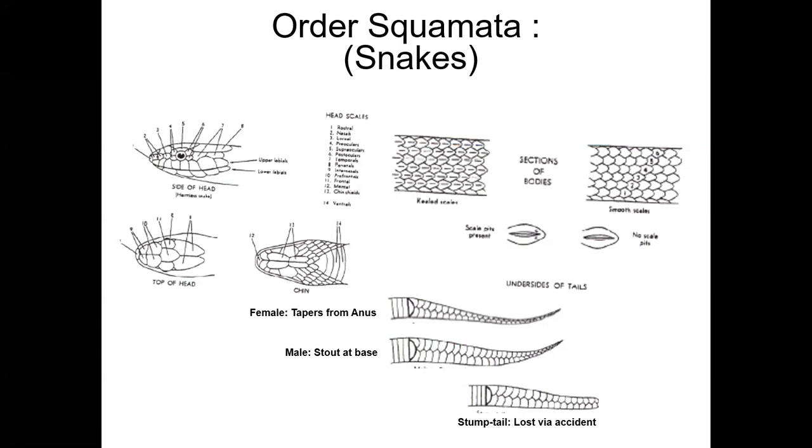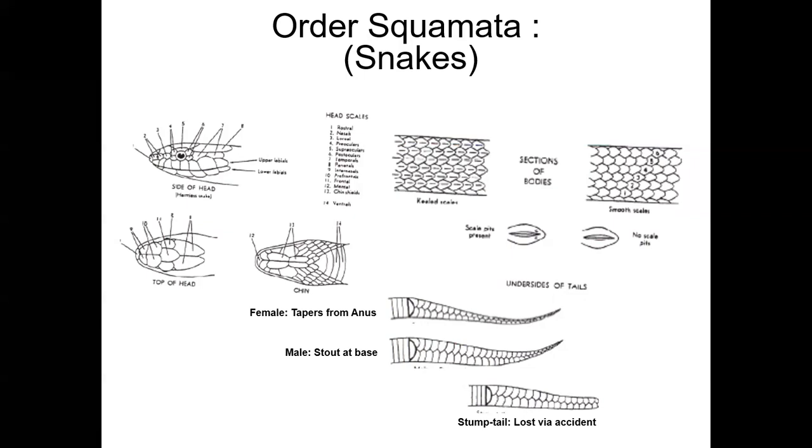With regard to reproduction and development, most snakes are oviparous, so they lay shelled eggs, but they can be ovoviviparous or totally viviparous. All snakes are carnivorous, but the methods of killing and obtaining their prey are highly variable. Some snakes will simply grab them and consume them whole. Other snakes will first constrict them and then consume them.